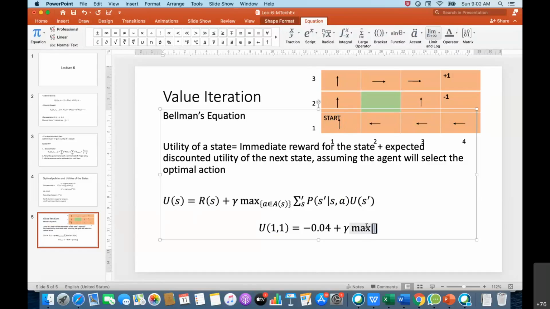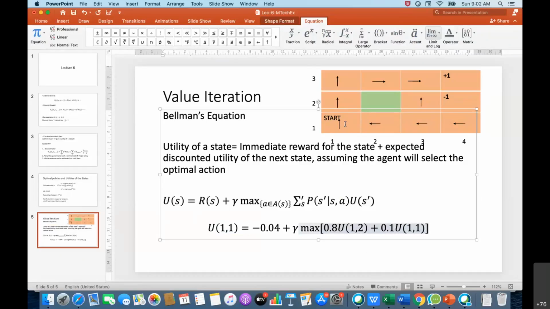So with respect to the action up, it has 0.8 into U of 1 2, because with 0.8 probability it can reach block 1 2. It should be summed up with 0.1 into U of 1 1.